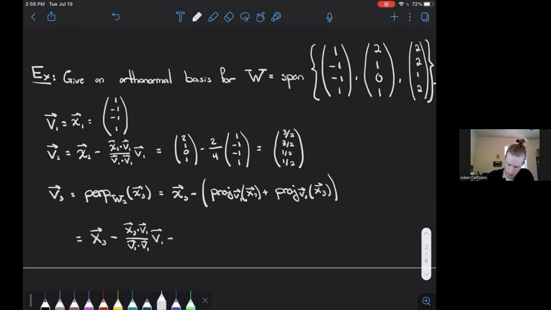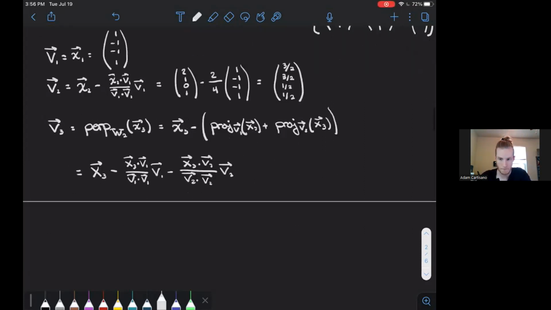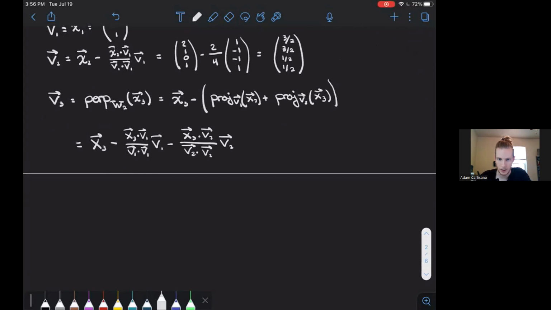I'm distributing the minus sign, so putting another minus, x3 dot v2 over v2 dot v2, all times v2. Okay, so to do this, we're going to need to take some dot products. Now, we already know precisely one of these. We know v1 dot v1. It's 4. We did it once already. The other 3 we have to compute.